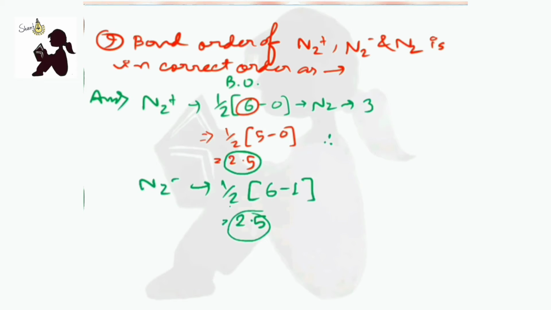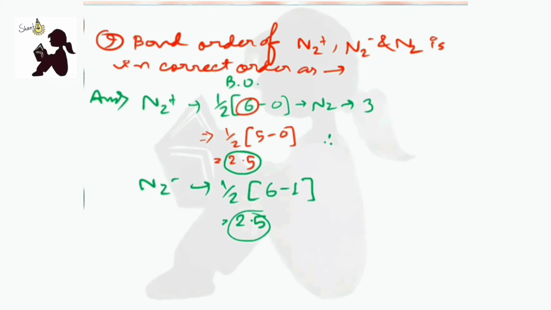So what are we going to do here? We have to see in whose antibonding molecular orbital we have one electron, so that will be unstable, so its bond order will be less.